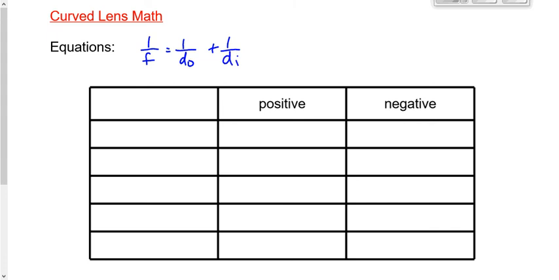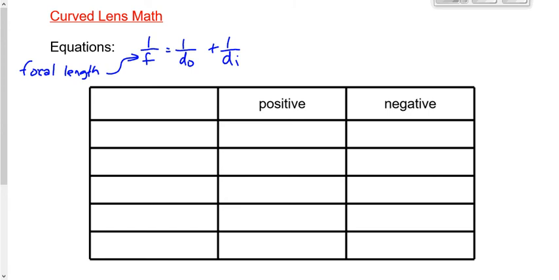What do you think f stands for? Not the frequency, no. F stands for the focal length. F does stand for frequency in other contexts, right? The Michelson experiment and so on, but in this context, it would not be the frequency at all. It's the focal length.